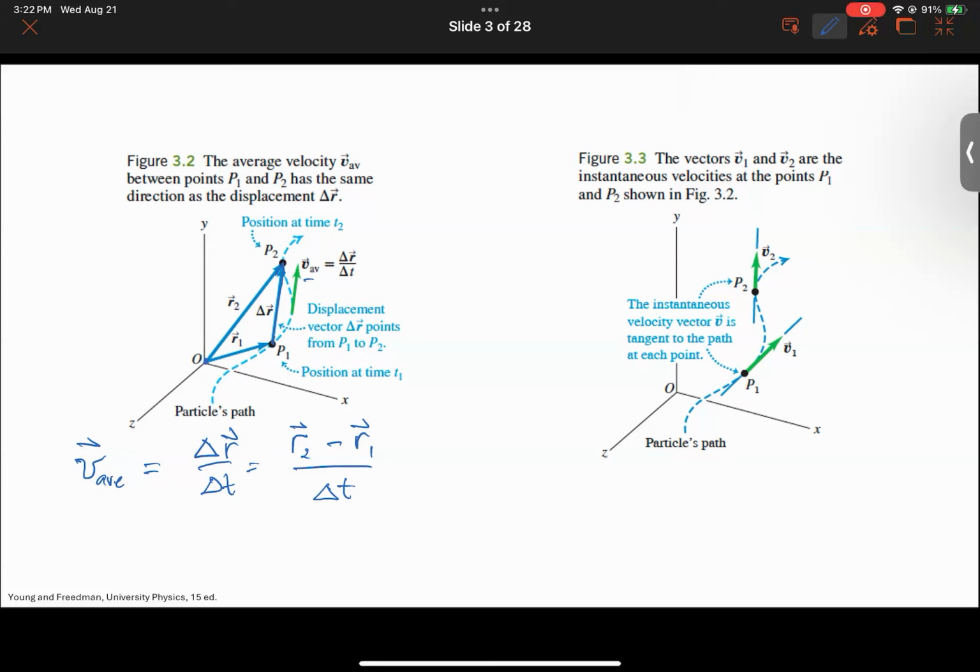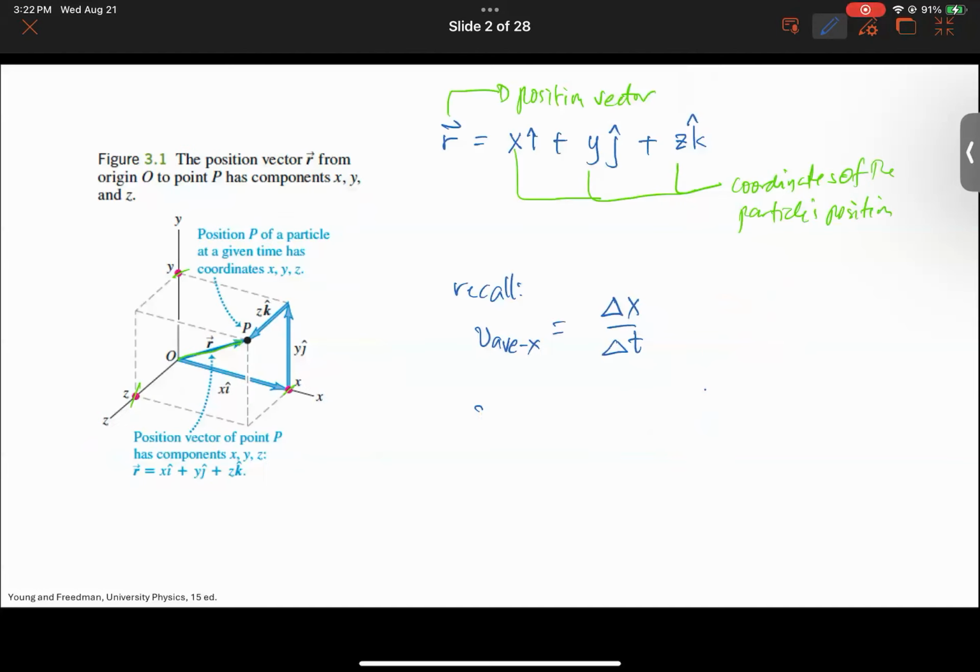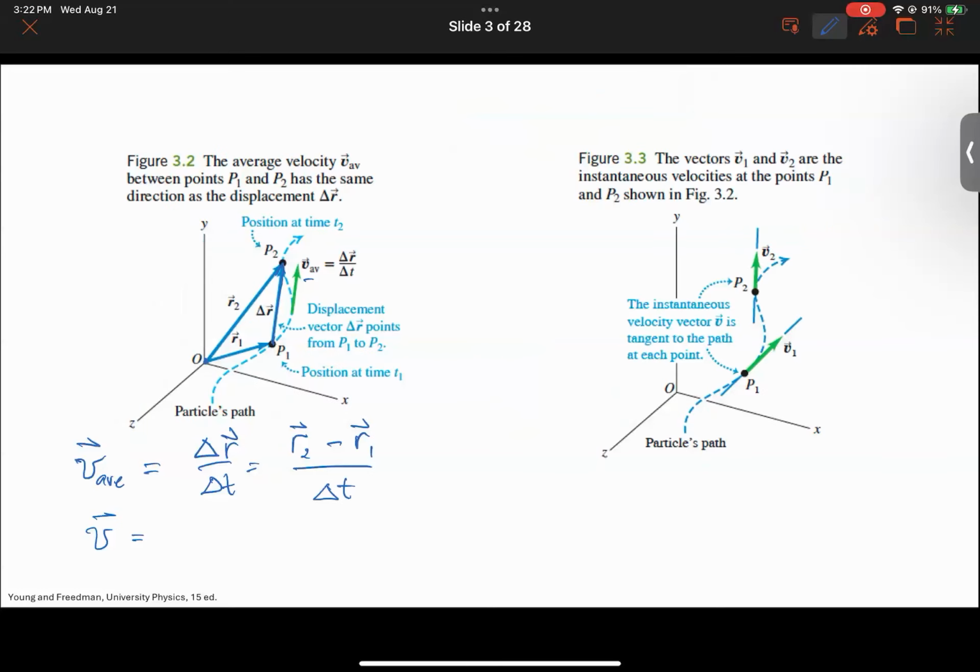Now to define yung instantaneous velocity, if you recall, the instantaneous velocity is equal to the limit as delta t approaches 0 of the average velocity along one dimension, or the limit as delta t approaches 0 ng delta x over delta t. So this becomes dx/dt.